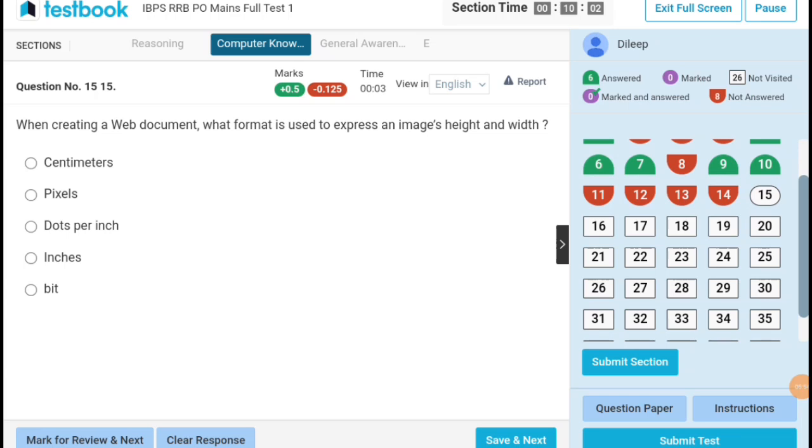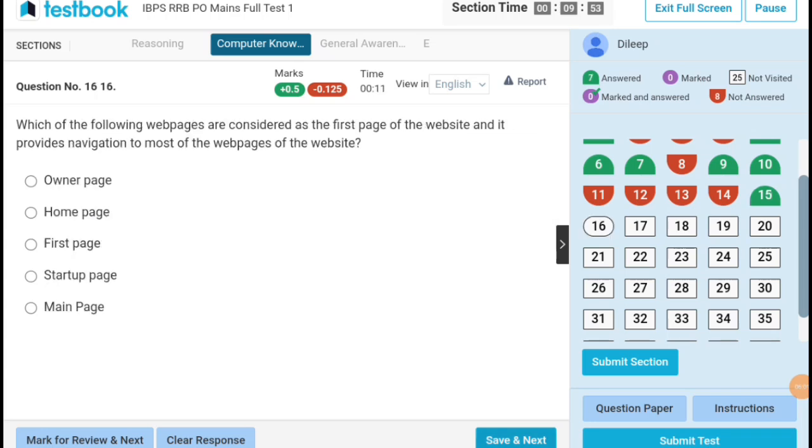When creating a web document, dots per inch. Which of the following web pages is considered as the first phase? That is the home page.